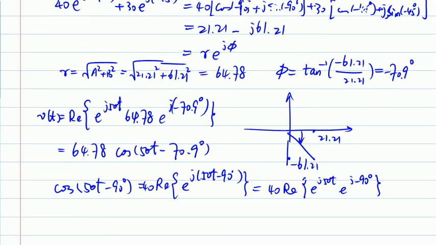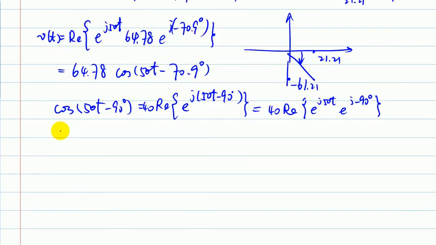Let me graph this one here. Let's write the other one: 30 cosine 50t minus 45 degree.